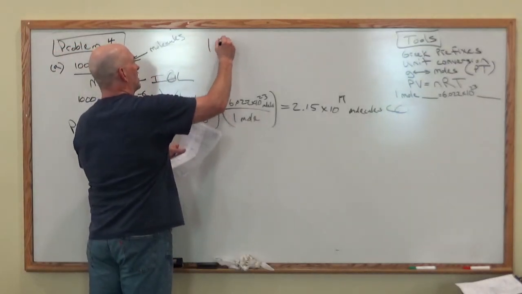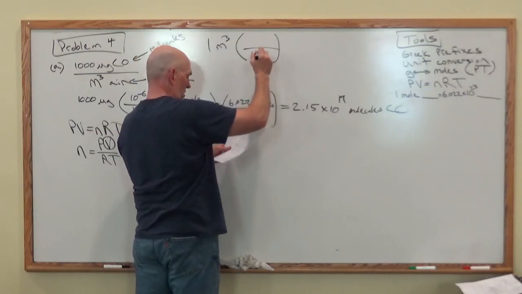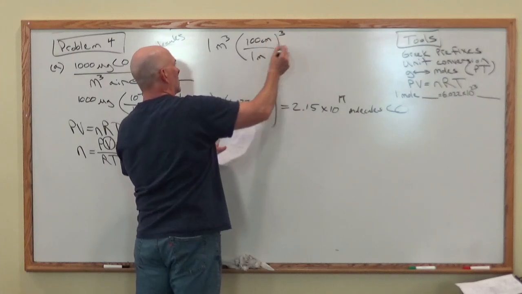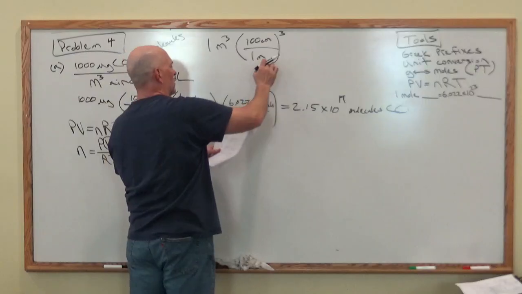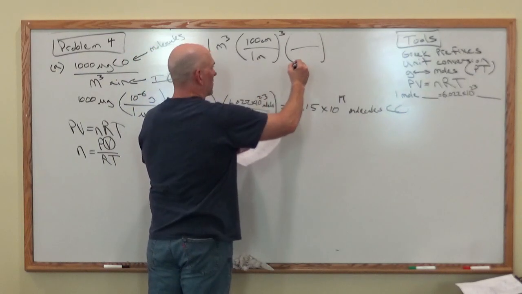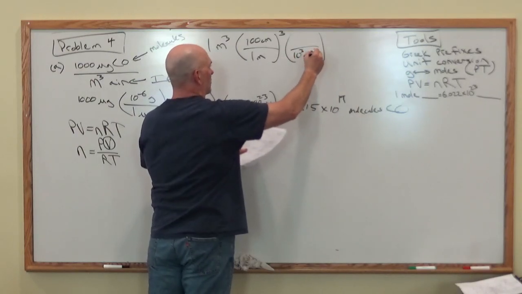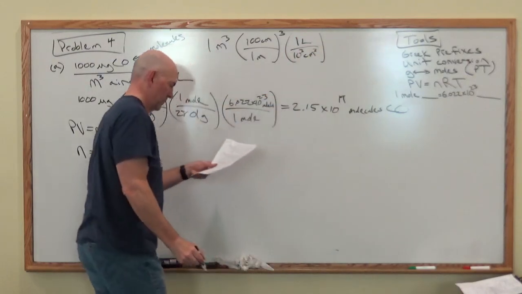So 1 cubic meter, so a meter is 100 centimeters. We did that before, raised to the 3rd power, so it's 10 to the 6th cubic centimeters in a cubic meter. And then you know that 1,000 cubic centimeters, 1,000 milliliters, is 1 liter.